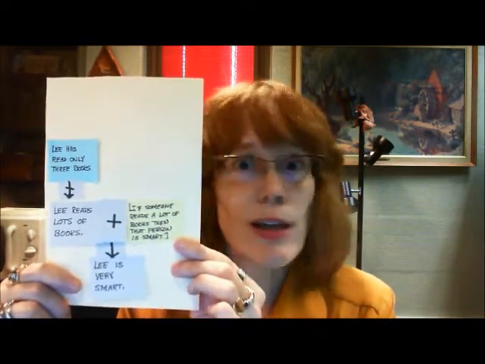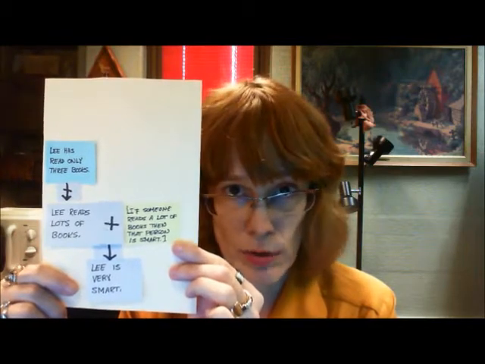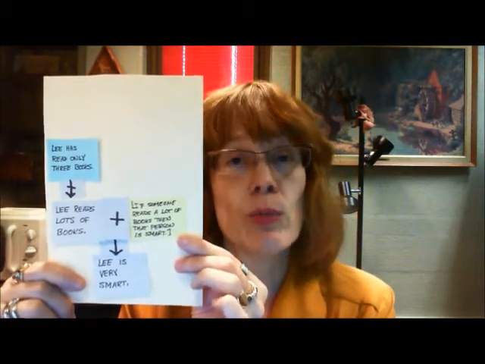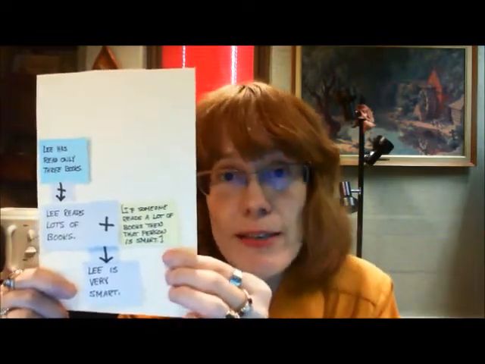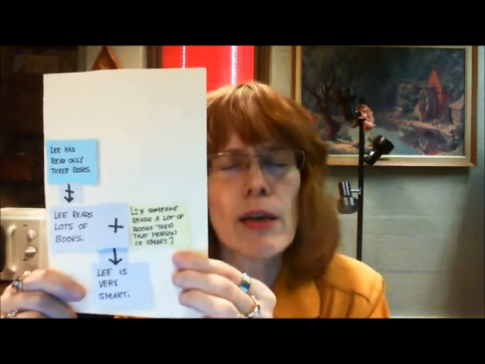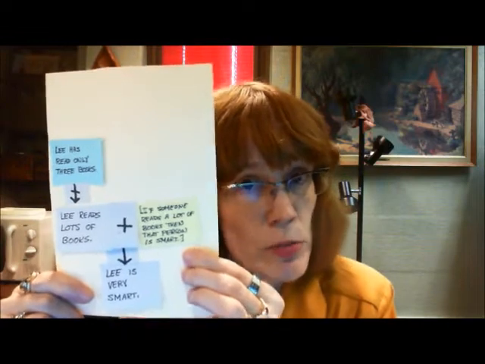It's not talking about people who don't read a lot of books. It's not saying that people who don't read a lot of books aren't smart. It's not talking about non-readers at all. This if-then sentence is only talking about people who do read. And it's saying that they are very smart.